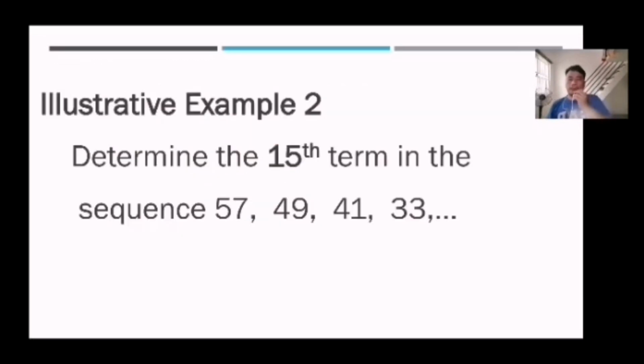Let's move on with example number 2. Determine the 15th term in the sequence 57, 49, 41, and 33. Again, we'll be using this arithmetic sequence formula. Let's try to find those unknown values.